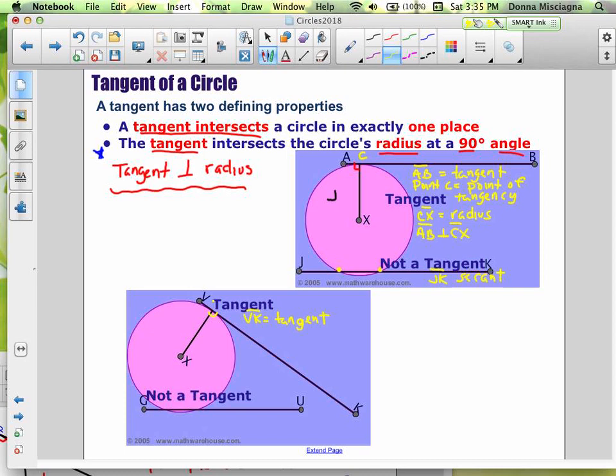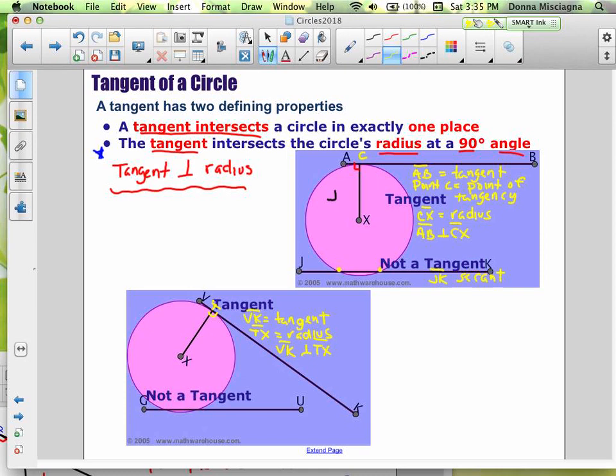We don't have a T. T. All right, so TX is a radius. Since VK is a tangent, VK is going to be perpendicular to TX, right? The two segments intersect at point T. Point T is the point of tangency, and the tangent is always perpendicular to the radius.